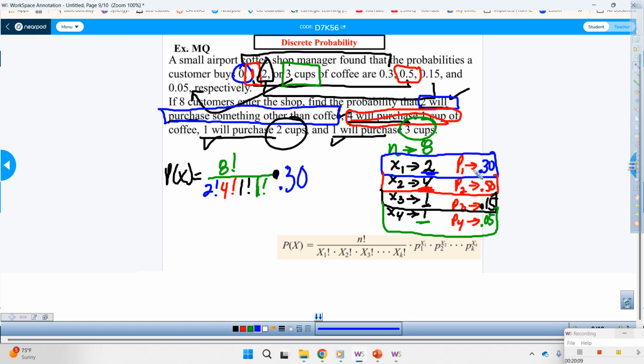Coal. To the 2. Yeah, that is correct. Times 0.50 to the what? Maximus. Times 0.15 to the what? Quirin. To the 1. Times 0.05 to the 1 as well.